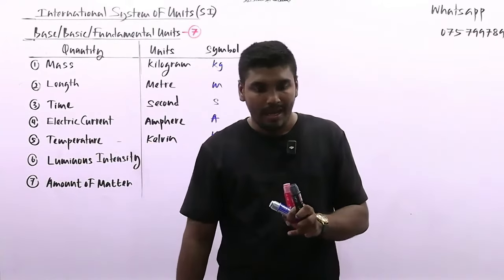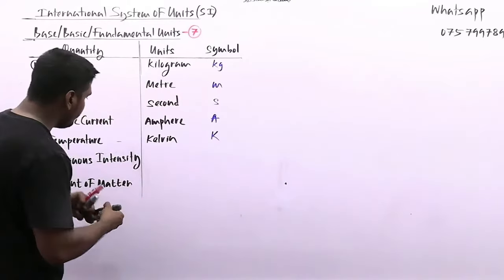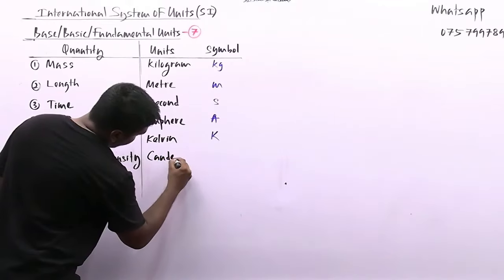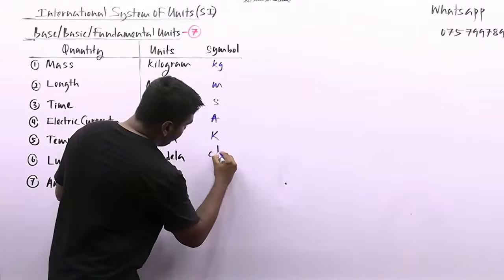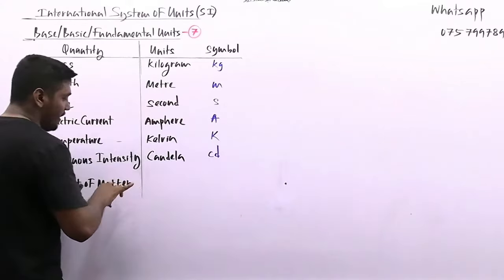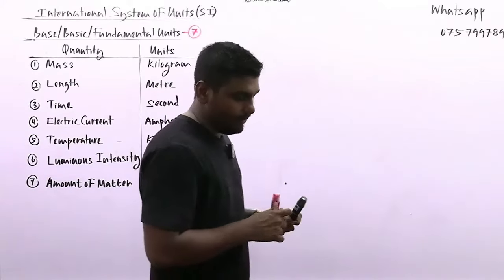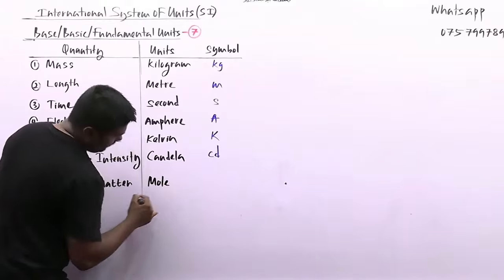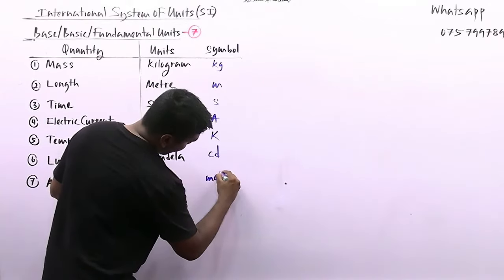Luminous intensity is measured in candela. The symbol is small c, small d. Amount of matter is measured in moles, symbol small m, small o, small l.